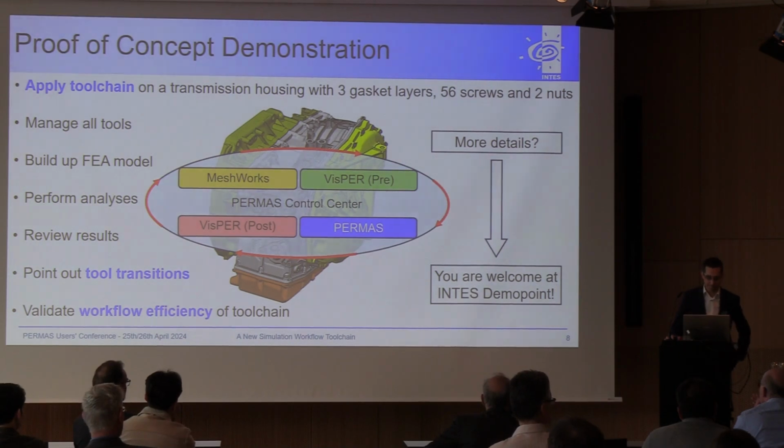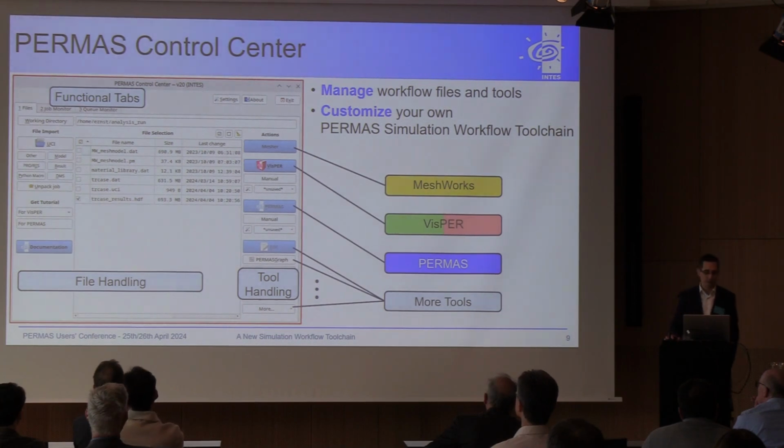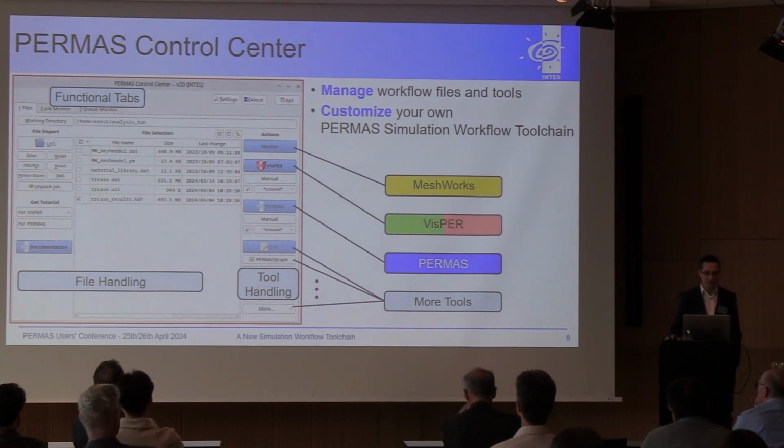So starting with the mentioned PERMAS Control Center, we have a visual GUI here with the possibility to handle all the files which are needed in your process, and of course all the tools for these files. On the right-hand side, you can see different tool handling buttons.